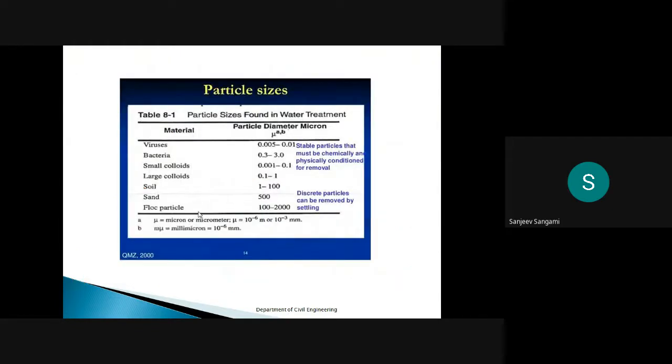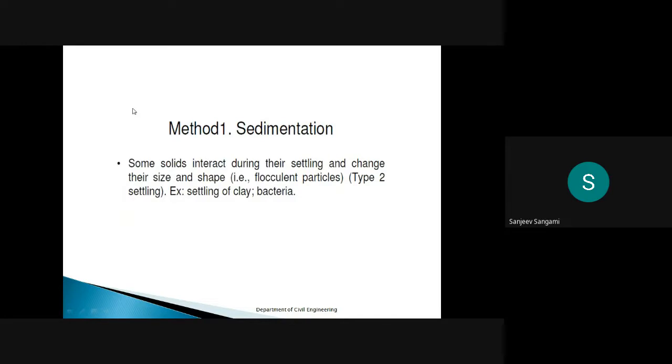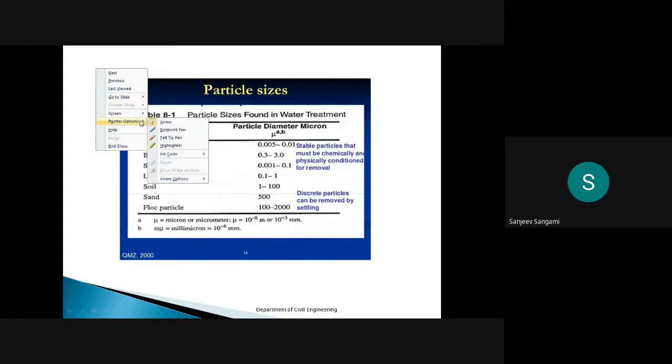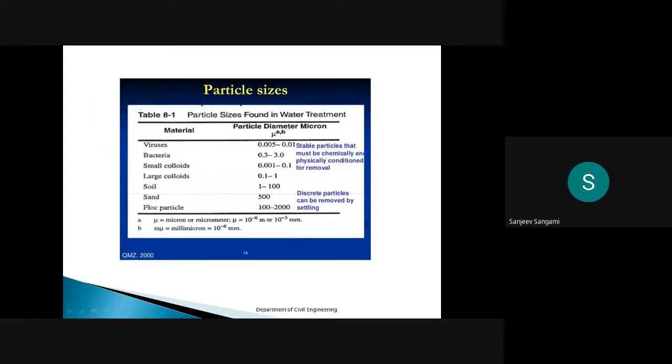Then, what exactly are the particle sizes found in the sedimentation process? In the first class itself, I gave the three main classifications of solids. The first one is suspended, the second is colloidal, and the third is dissolved.